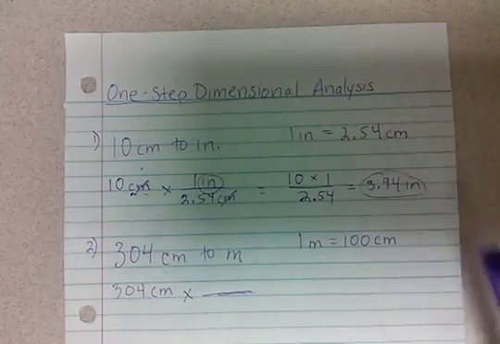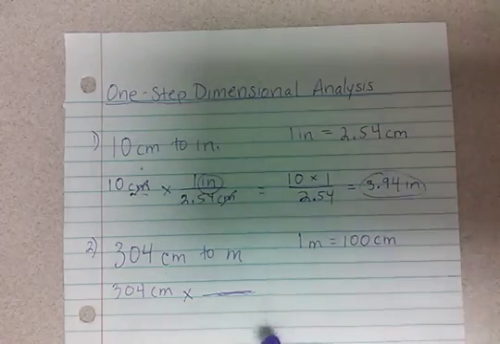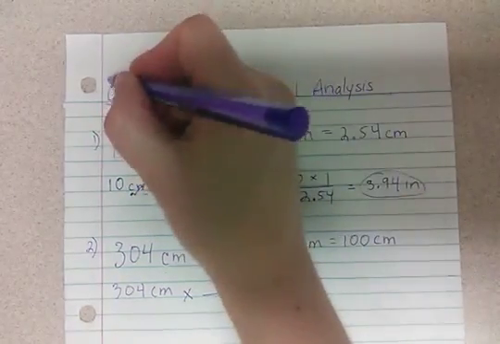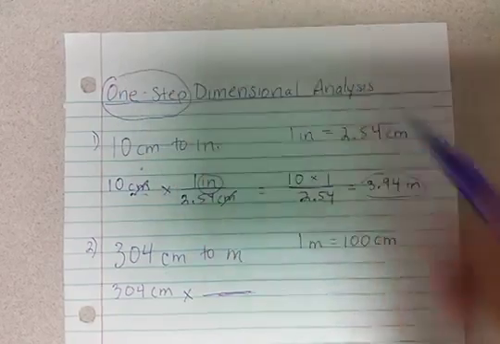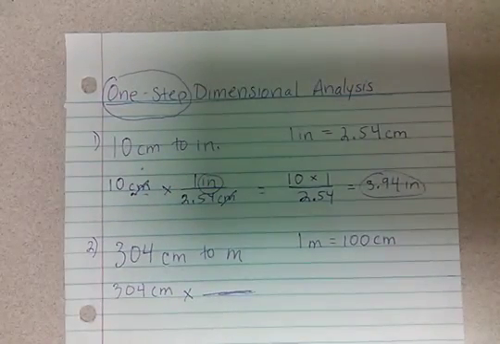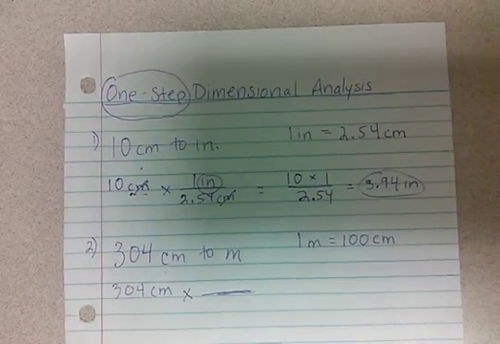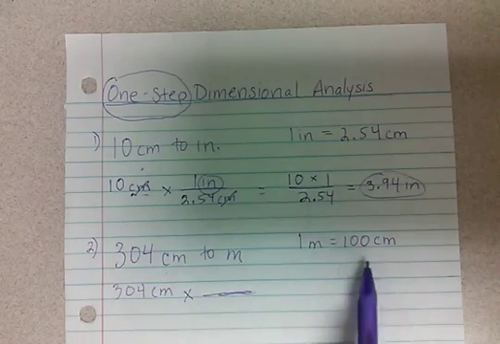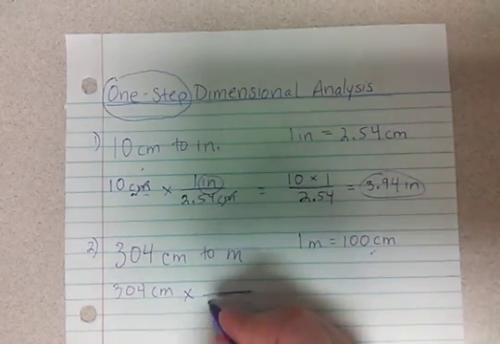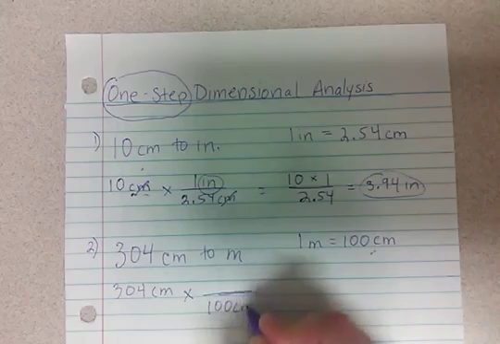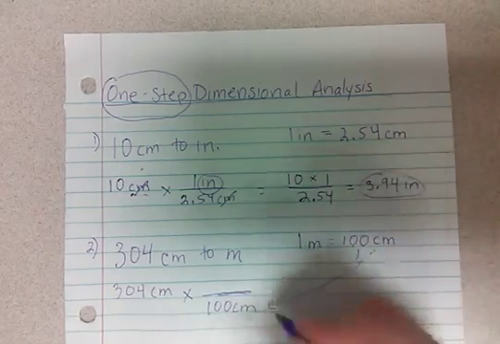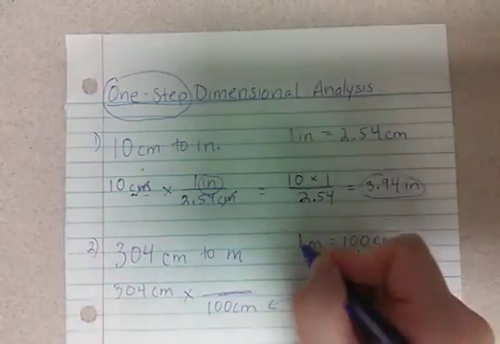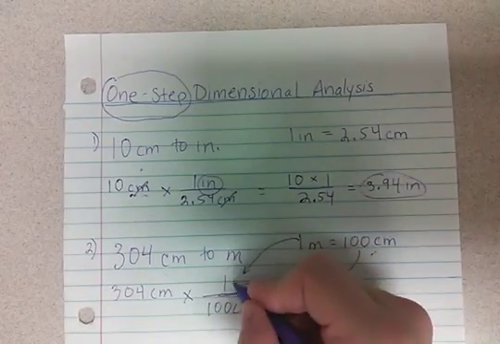By the way, all of these will have one conversion factor and one fraction because this is one-step dimensional analysis. All right, then we want to put down the units we're converting from, so have on the bottom, and we put seek on the top. So we have centimeters, so 100 centimeters goes on the bottom. And then 1 meter goes on the top.